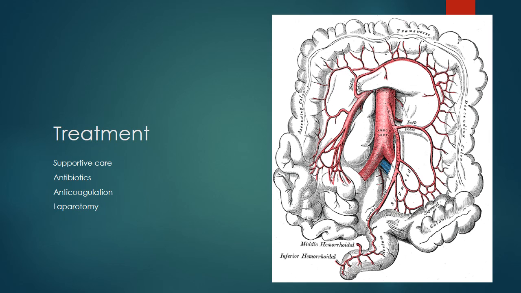Unlike arterial or venous occlusions in the small bowel, there is no role for anticoagulation in this condition, because this is not generally an embolic or thrombotic condition, but a low flow state, and so anticoagulation has no role in this.